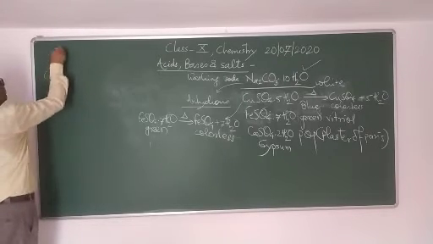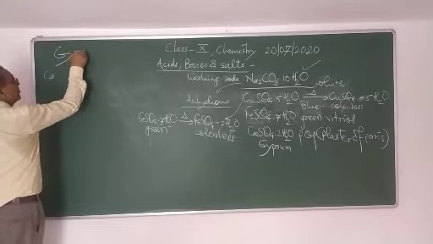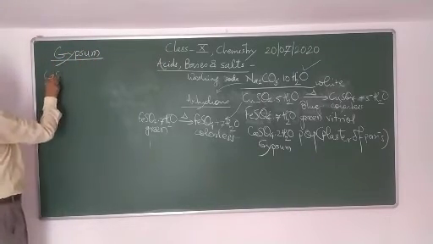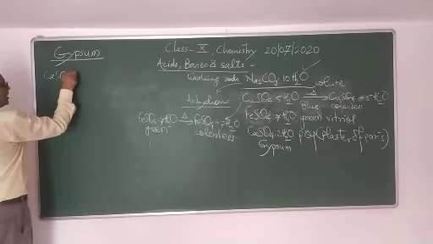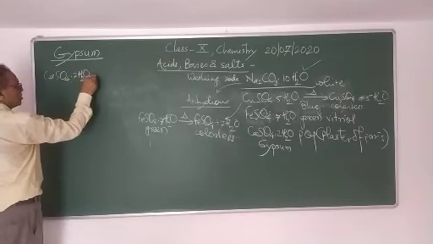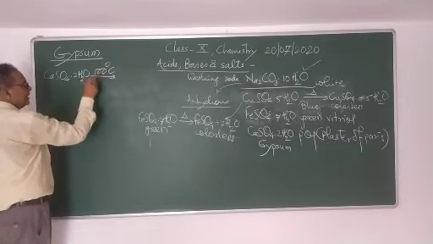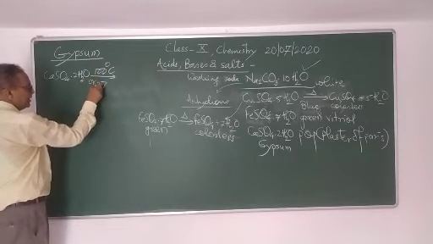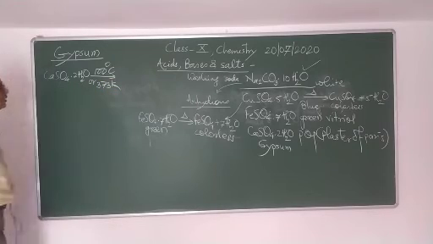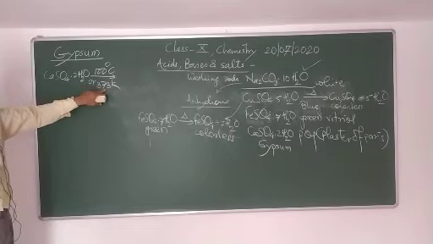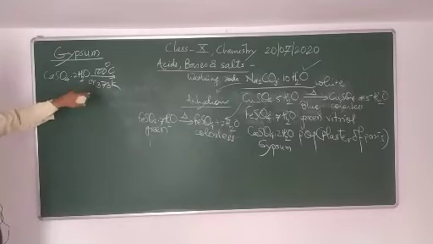Now see, I put the heading gypsum, and CaSO4·2H2O. Now CaSO4·2H2O on heating at 100 degrees Celsius or 373 Kelvin. Now you know any degree Celsius temperature can be converted into Kelvin temperature by adding 273.